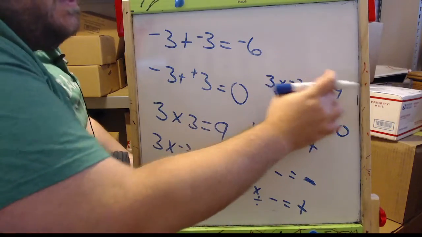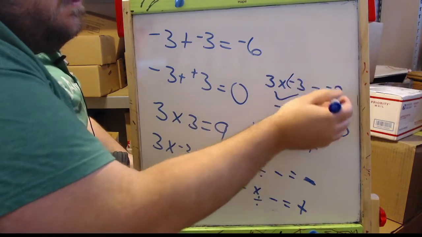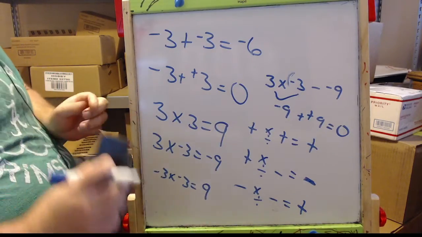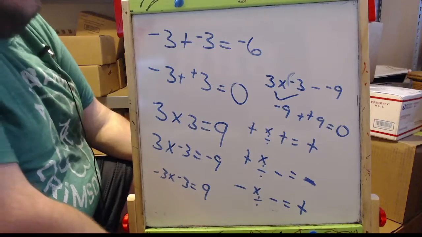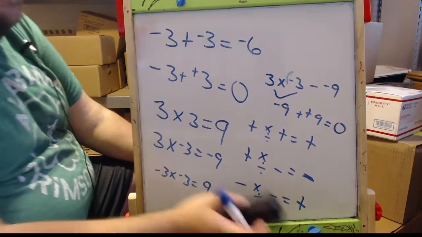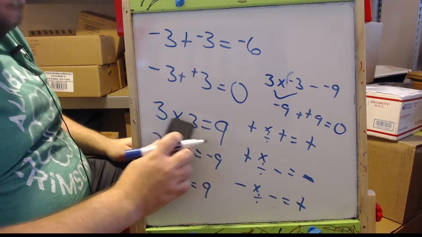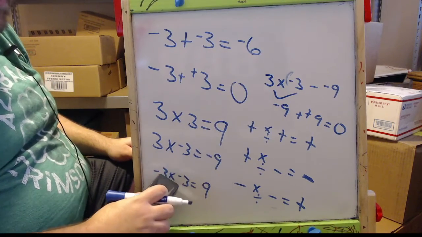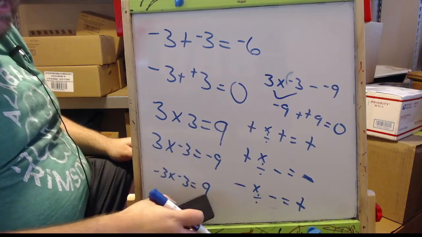I have to do the multiplication first. So, multiplying integers and dividing, the sign is important. Two positives make a positive. A positive and a negative make a negative. Two negatives make a positive.